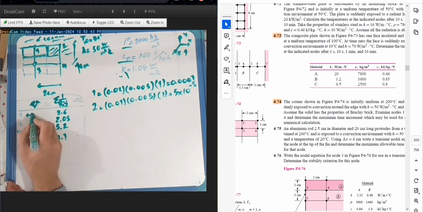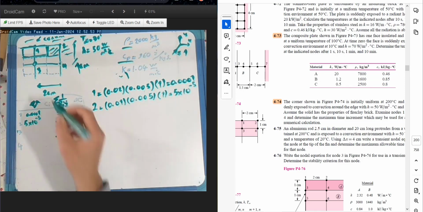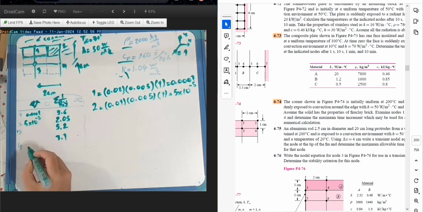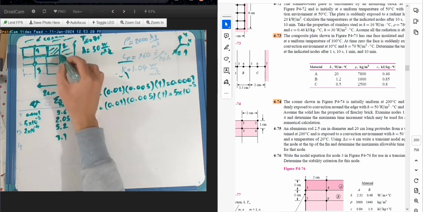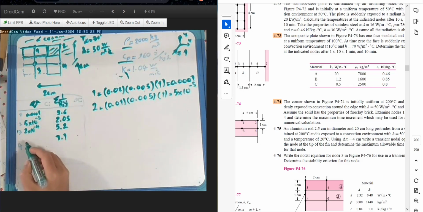For element 2, 10 to the power minus 5, and we know the volume of point 3 is 2 times point 1, so 10 to the power minus 4, because point number 3, the volume of that is 2 times point number 1, and point number 4, the volume of that is 2 times number 2. So it would be 10 to the power minus 4.